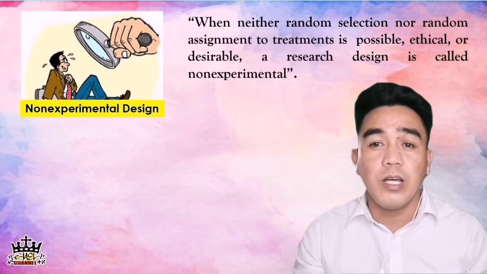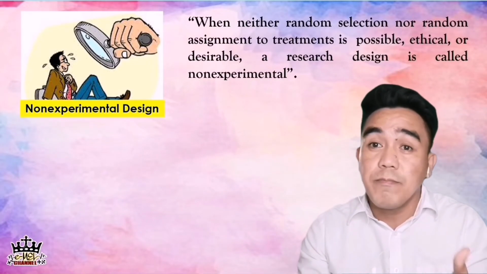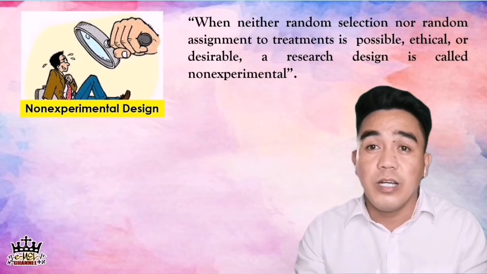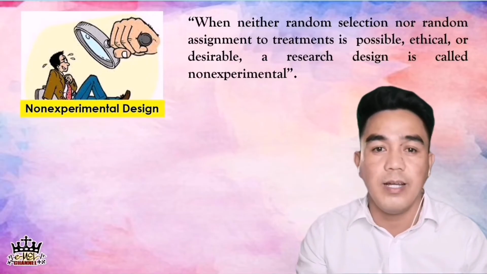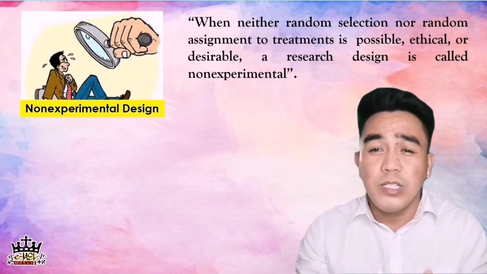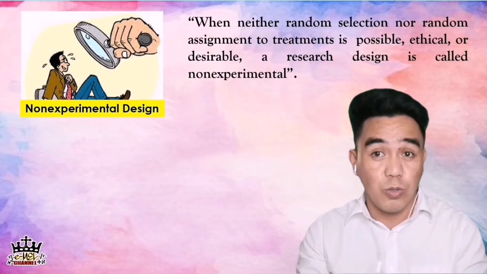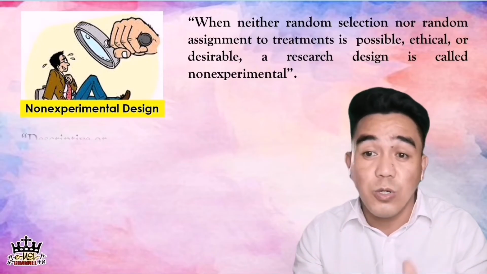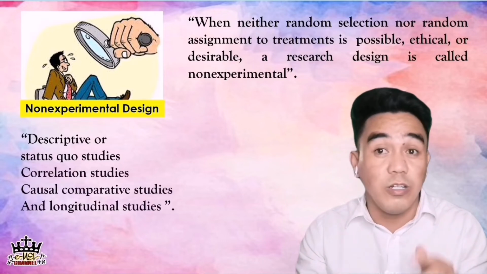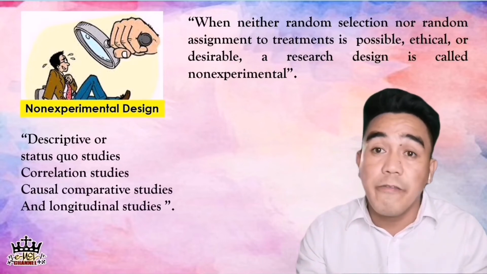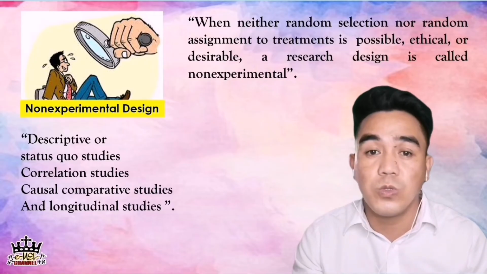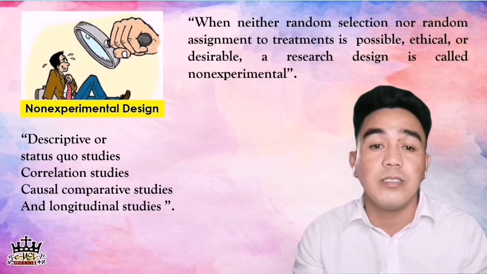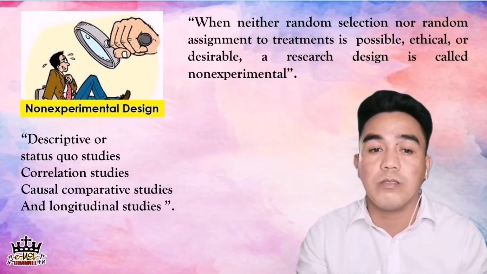When neither random selection nor random assignment to treatments is possible, ethical, or desirable, a research design is called non-experimental, meaning they do not utilize treatments or control groups. In short, this focuses on the data resources which are taken on tests, surveys, and interviews, rather than the data obtained by designing experiments and analyzing the results.